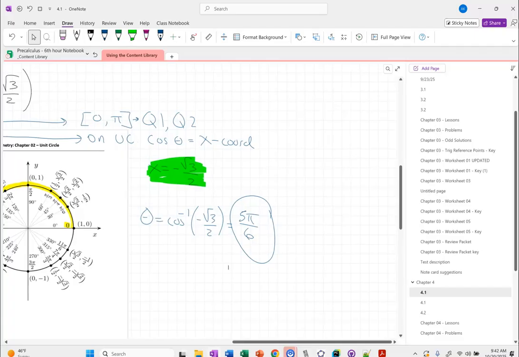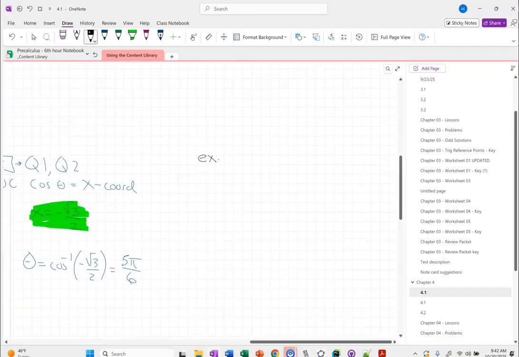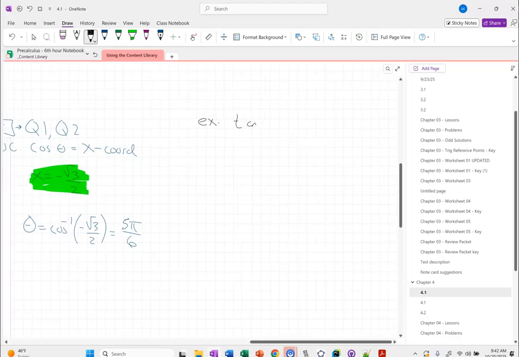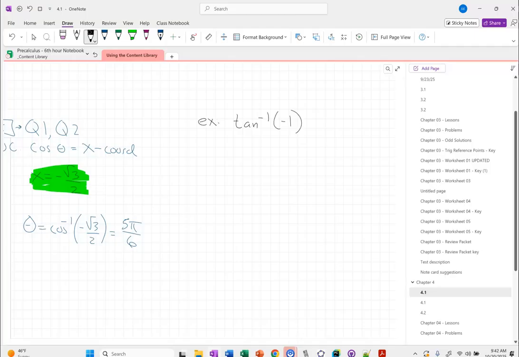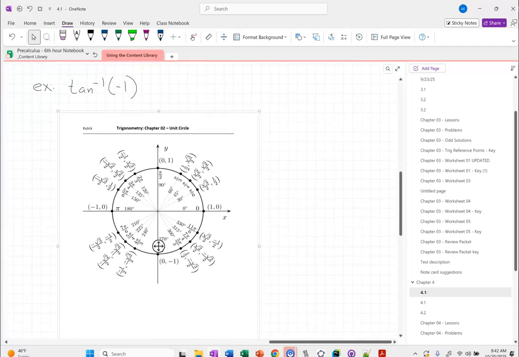All right. Do one more example like this. So here we have tangent inverse of negative 1.